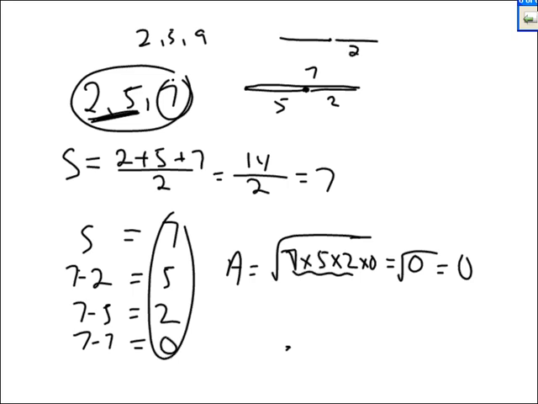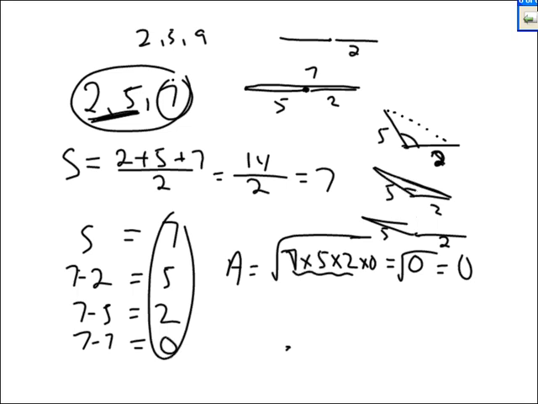If 2 goes to the right and 5 goes up this way, every time I make this angle bigger, but I still live up to the 2 and 5, this third side gets bigger. If I make it even bigger, still 2 and 5, this third side is bigger than this one.